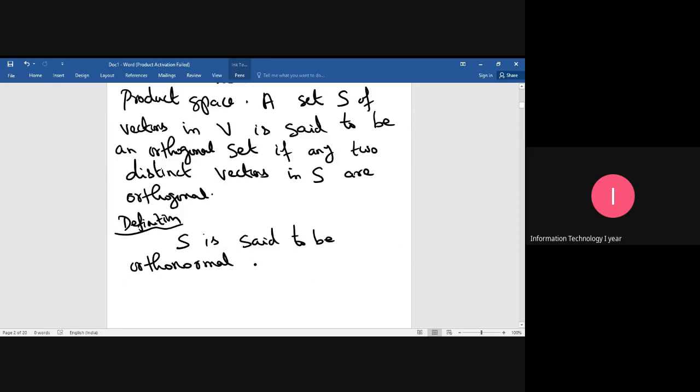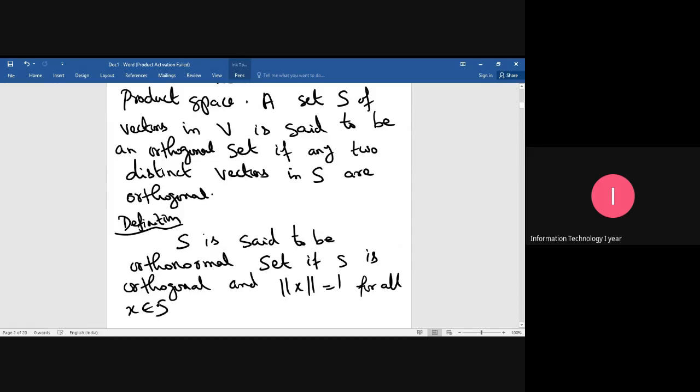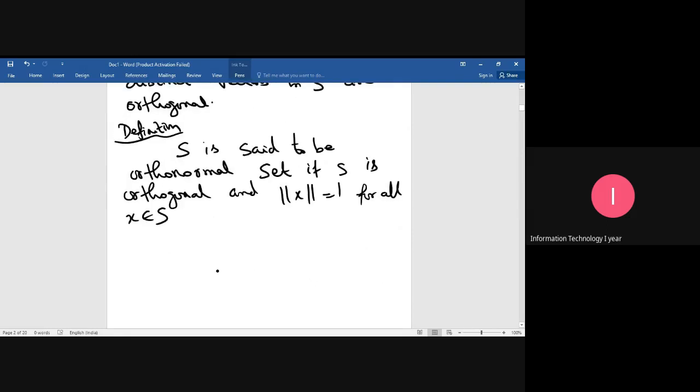It is an orthonormal set if S is orthogonal and norm of x equals 1 for all x belonging to capital S. So here S is said to be an orthonormal set. The previous one is an orthogonal set.